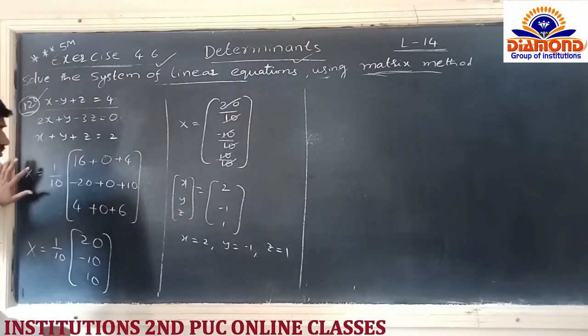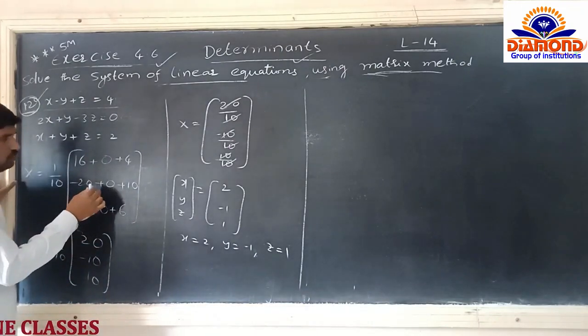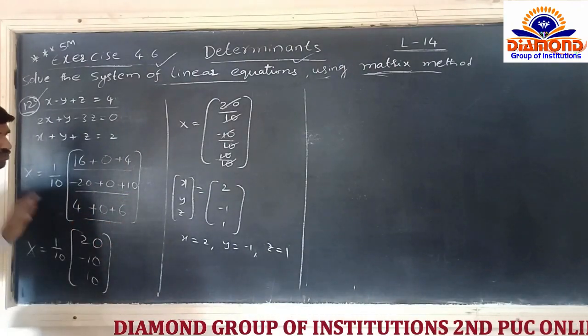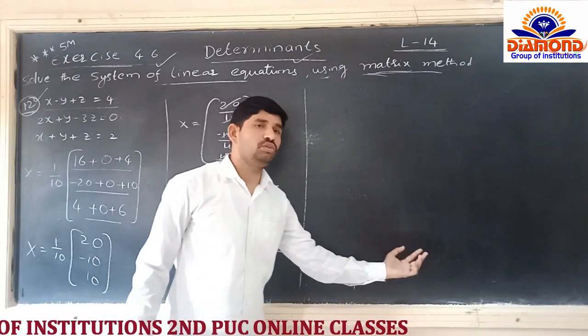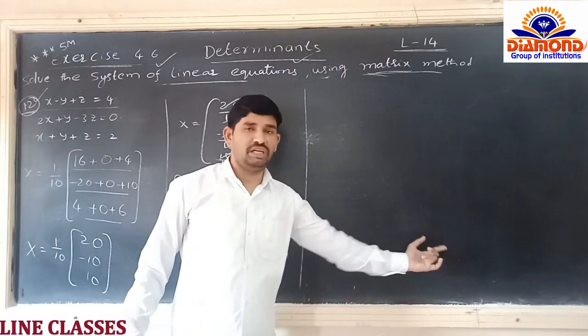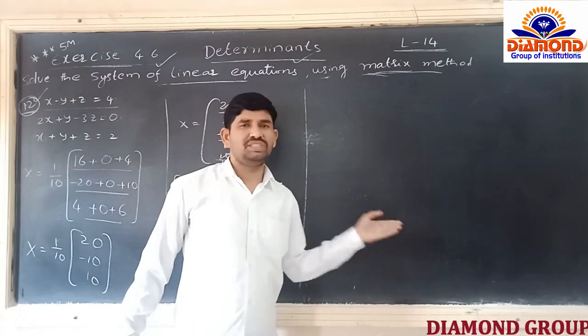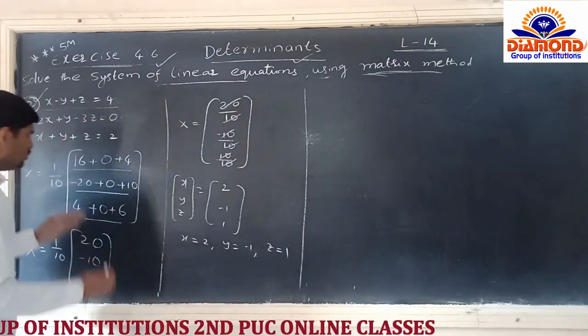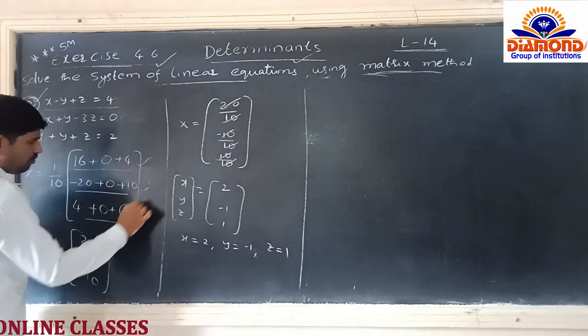See here, the multiplication of the two matrices, A inverse into B matrix, we have this one. The first row, first column, second row, first column, third row, first column. We already know how to multiply, so the result of that multiplication is this.